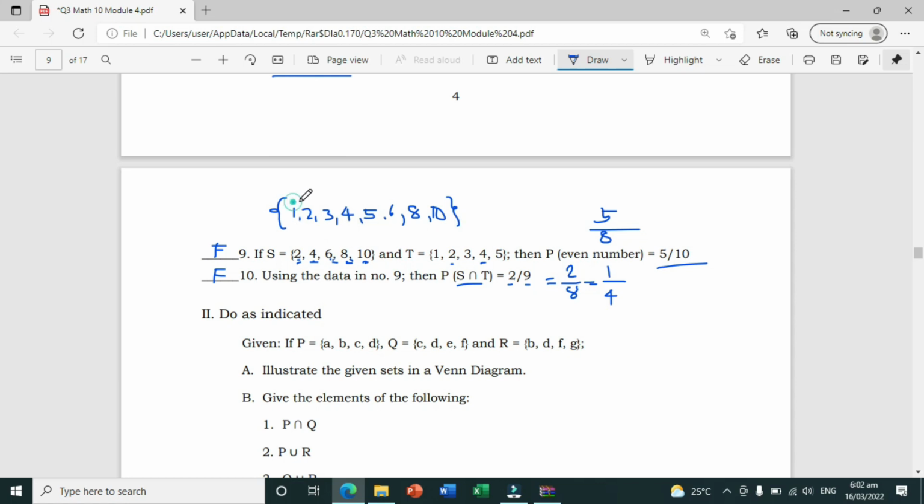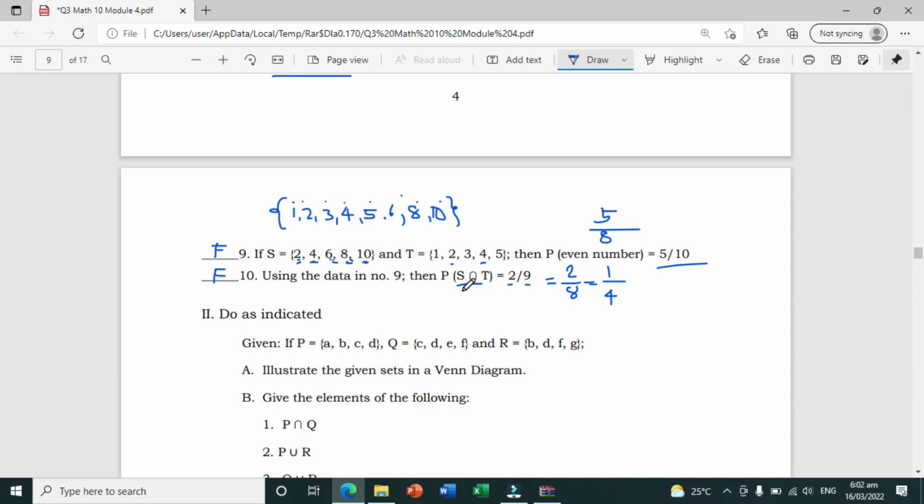So, kung bibilangin, 1, 2, 3, 4, 5, 6, 7, 8. So, dapat 8 lang ang denominator, hindi 10. So, yung probability niya is 5 over 8. So, 9 is false.